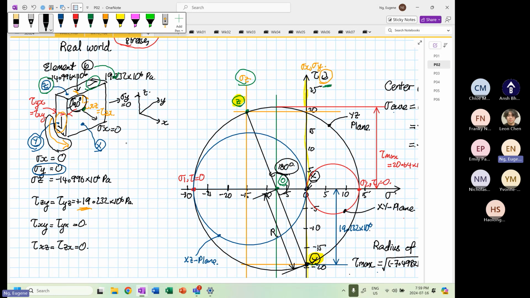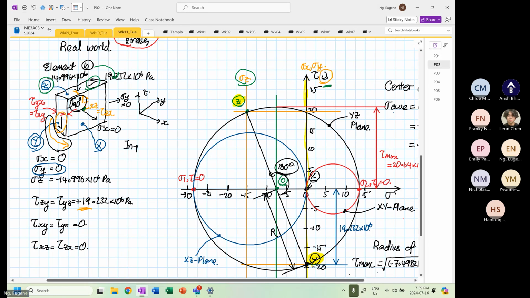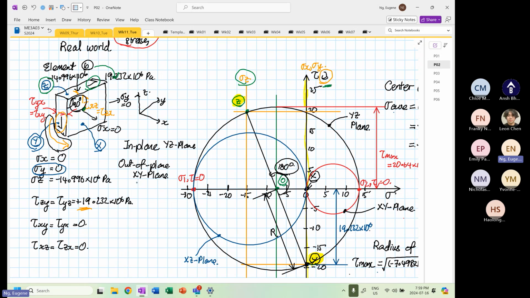We know that the in plane, we did this, okay? The in plane is your what? YZ plane. Okay. Your out of plane is both your what? Is both the XY plane and the other plane is XZ plane.